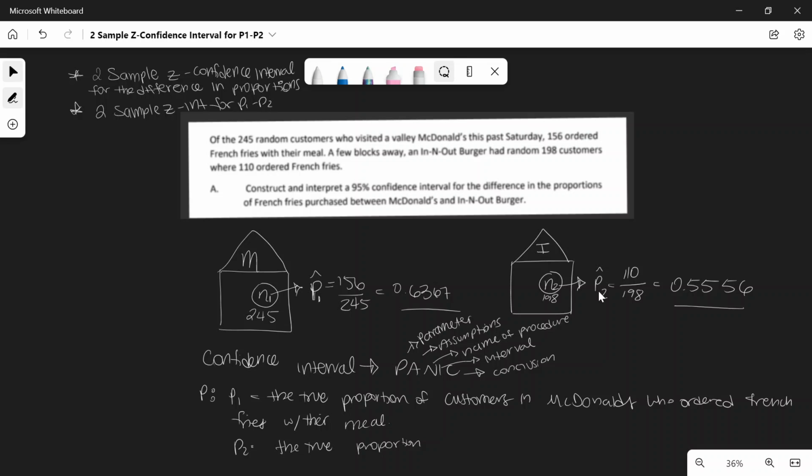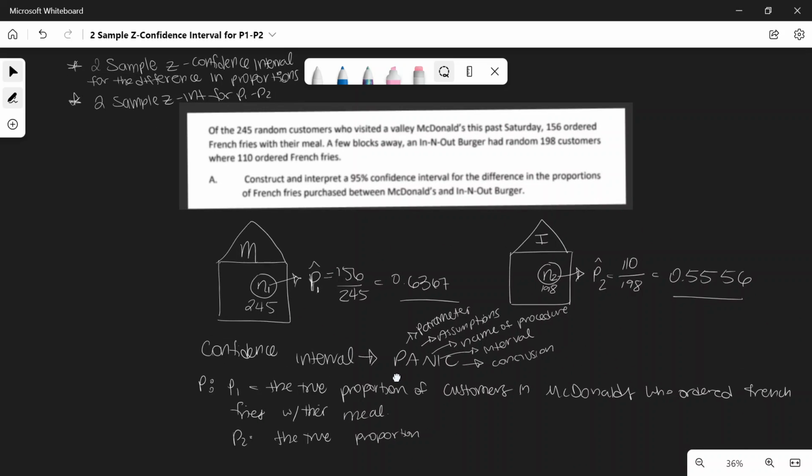Can I just copy this? Proportion, I guess not.